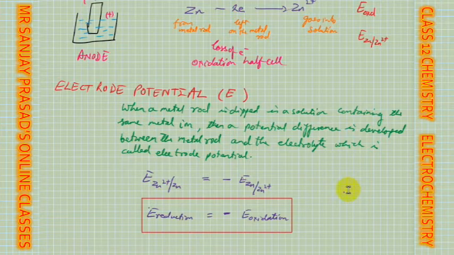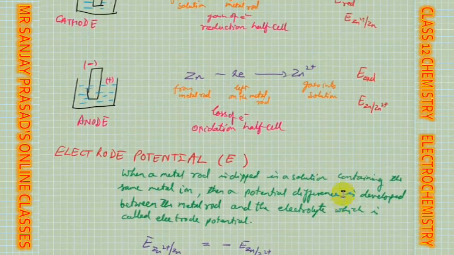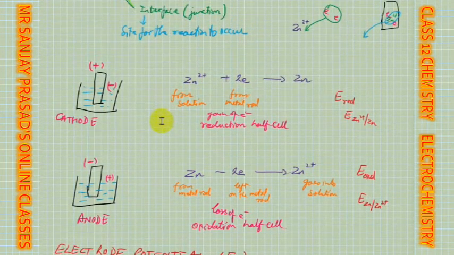Clear? But the problem here is the metal and the solution, they are together. They have one single interface, isn't it? And that's why what will happen? You cannot measure this electrode potential in a half cell. How much is the electrode potential, if I want to measure it here only, then it is not possible to measure it, because these two are together, it will always seem to be neutral.